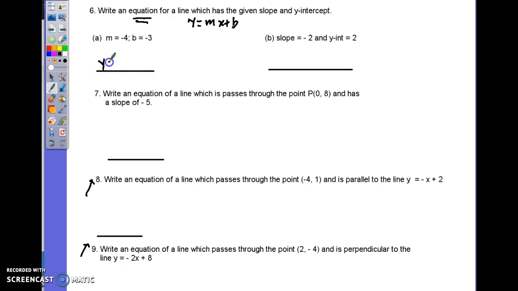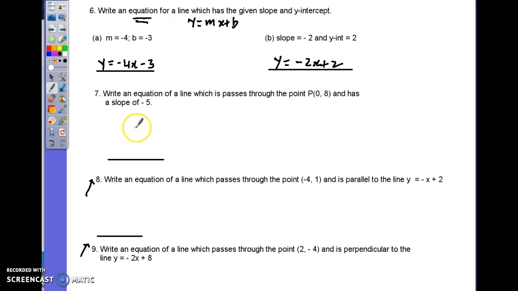So we can say, oh, y then must be negative 4x minus 3 for that one. For this one, the m is negative 2, the y-intercept is 2, so y equals negative 2x plus 2 for that one. This one you really need to get right. No ifs, buts, or maybes about it.